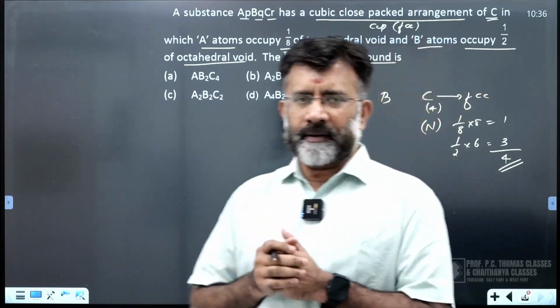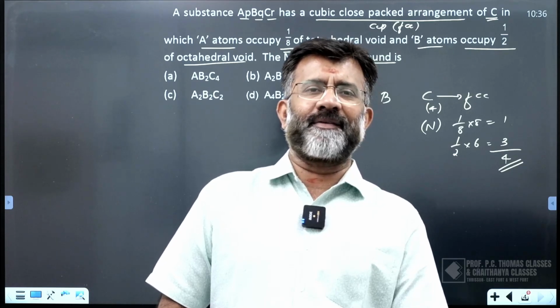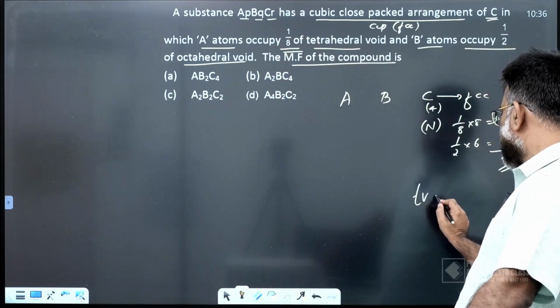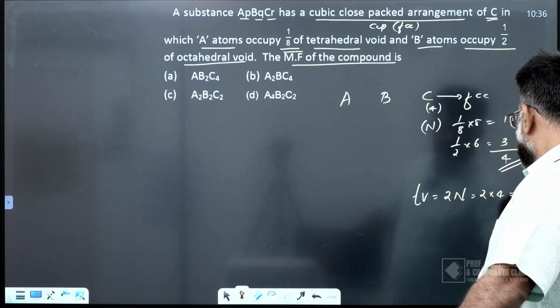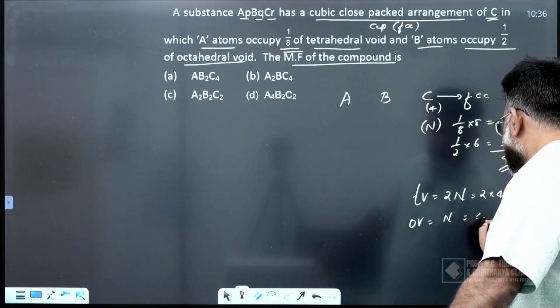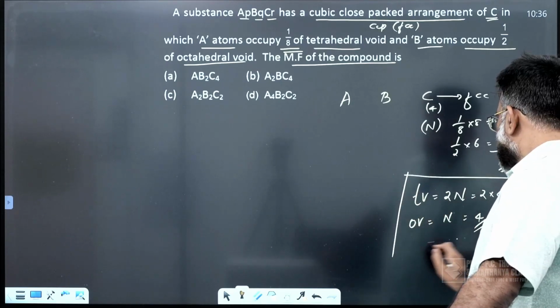For a close packed system, number of tetrahedral voids is 2N, that is 2 into 4, 8. And number of octahedral voids is N, that is 4.